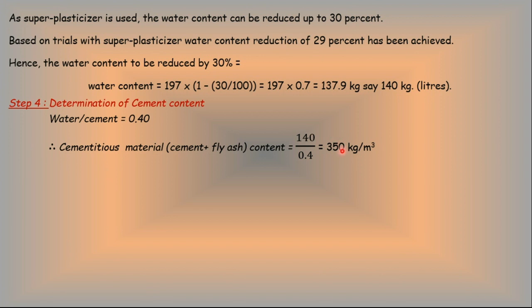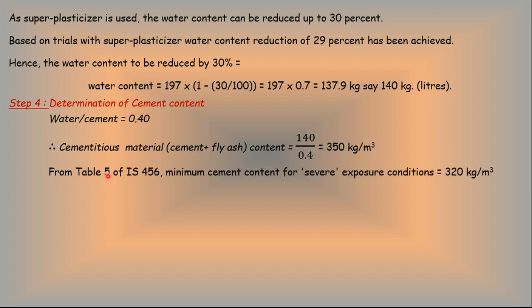Why are we considering cementitious material, not directly cement? Because we are using cement plus fly ash. Fly ash also has properties similar to cement, not exactly the properties of cement.